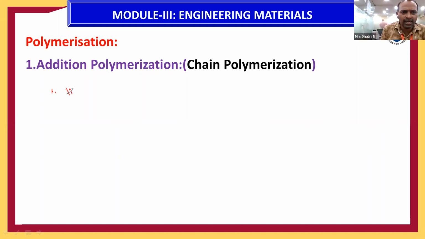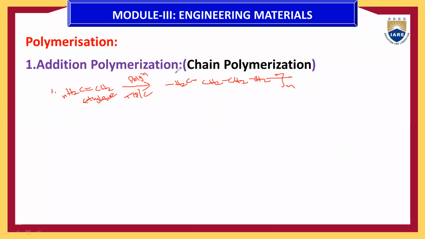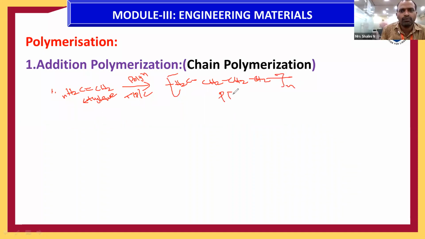H2C=CH2, ethylene, undergoes polymerization in the presence of temperature, pressure and catalyst to form H2C CH2 taken n times. This is called polythene.